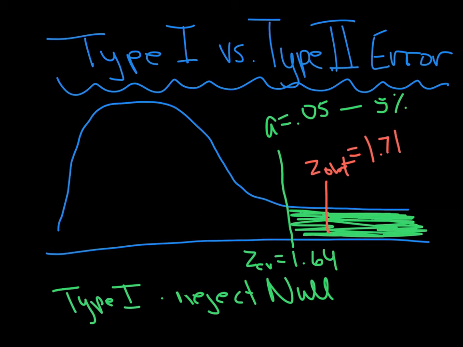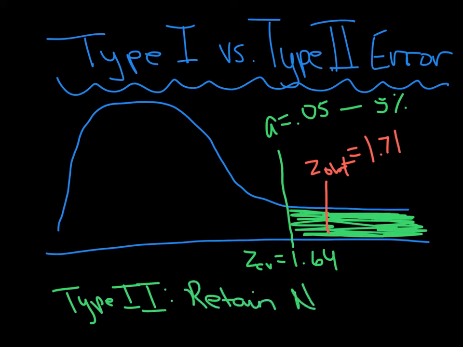So now I'm going to look at a type 2 error. Okay? So with a type 2 error, and I'm going to put 2, that's when we retain the null. So we don't find significance.